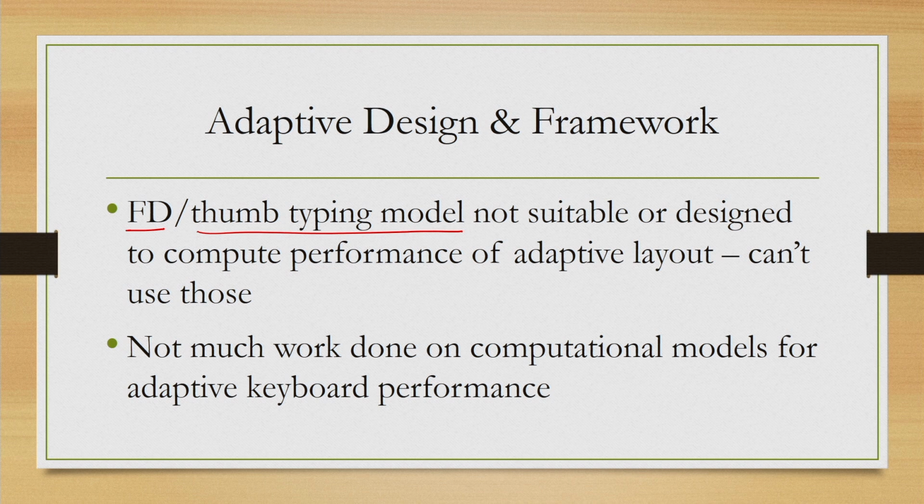These models are not designed for modeling performance in the context of adaptive keyboards. So, we cannot apply them to model performance of a user who is using an adaptive virtual keyboard layout, and unfortunately not much work has been done on the computational models for adaptive keyboard typing performance.